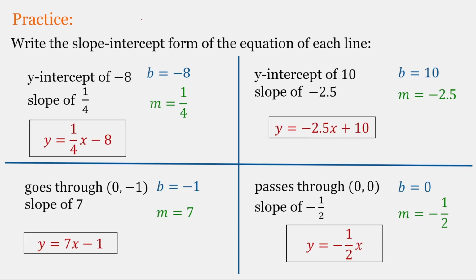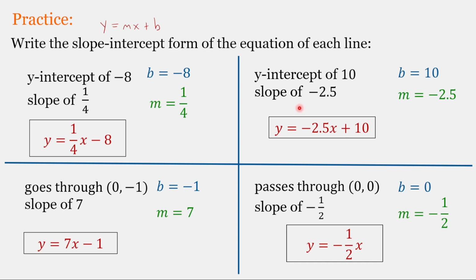Again, so we're looking at the slope-intercept form of a line. So this is y equal to mx plus b. In the first 2 examples, the y-intercept and the slope are directly given to us. So again, the y-intercept is that b value, so we'll plug that into the equation. And the slope is the m value, which we can plug into the equation, resulting in y equal to 1/4 x minus 8.